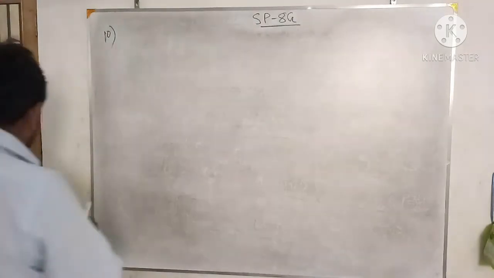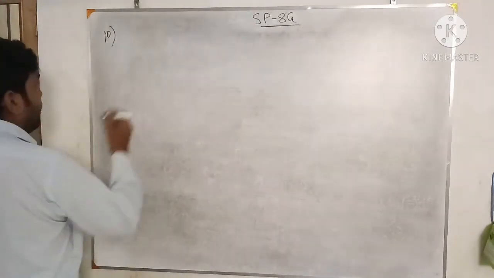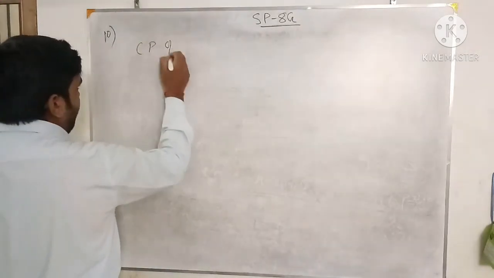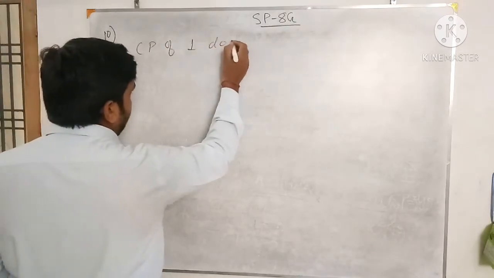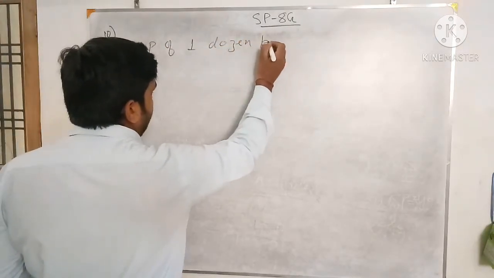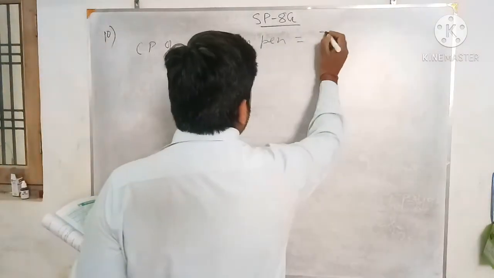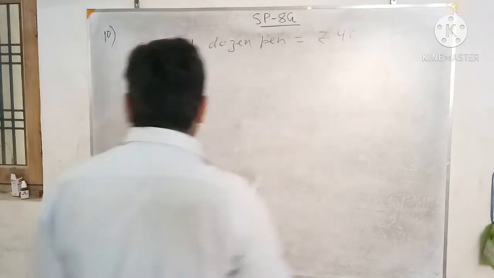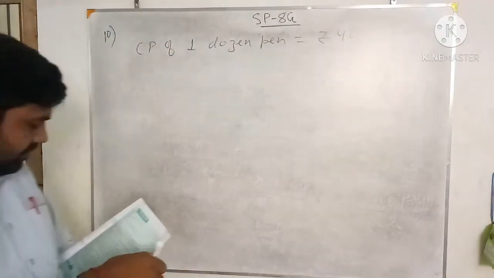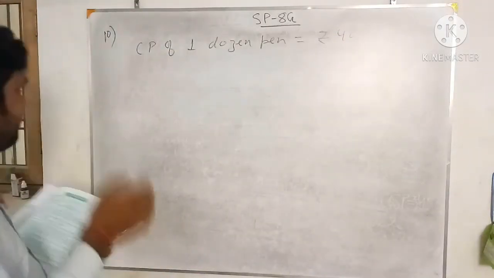Now here the cost price of 1 dozen pen is given, 40. But that person purchased 10 dozen pen.